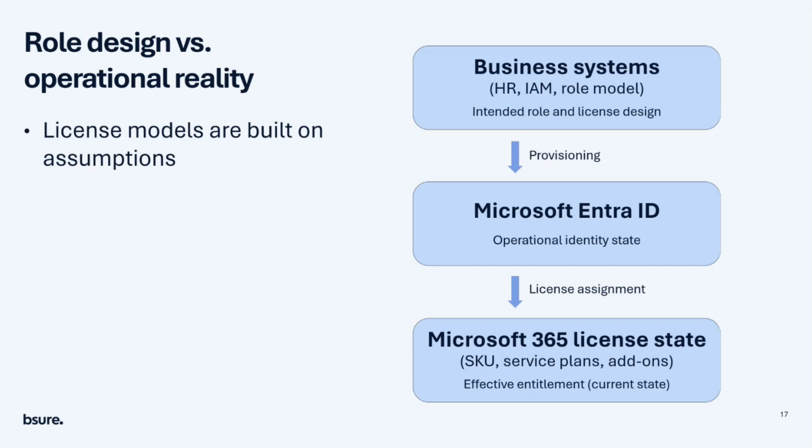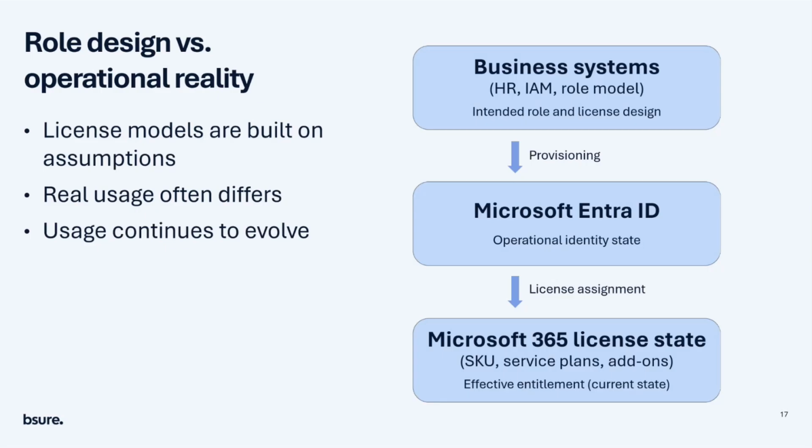But these license models that you build are often built on assumptions. You create them the way you think they should work, but in the organization, the real usage often differs from that.